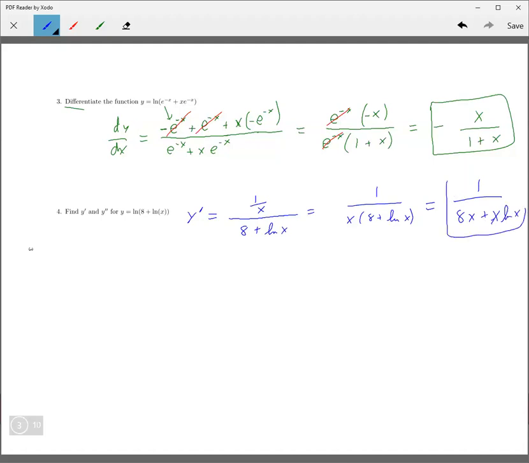Either way, this would work. That probably works also for the answer to number 1. Okay, for the second derivative, we just take the derivative of the first derivative.